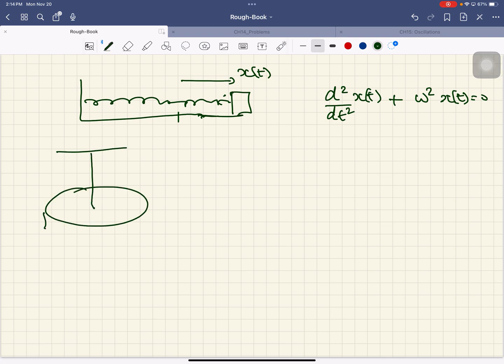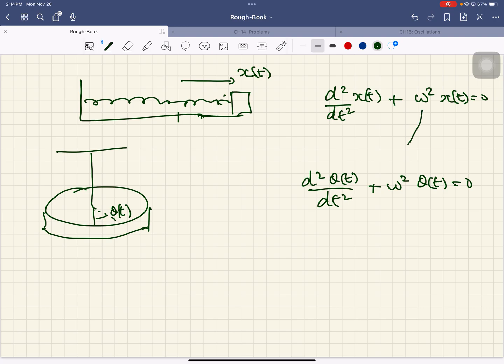Here was the equilibrium position. The same differential equation describes the behavior of this system, and again omega is different for each one of them.